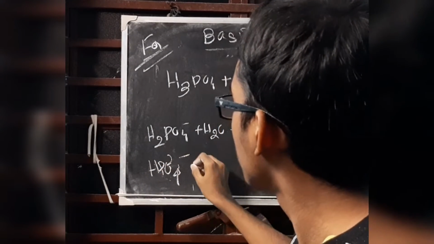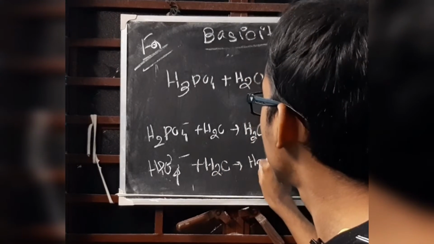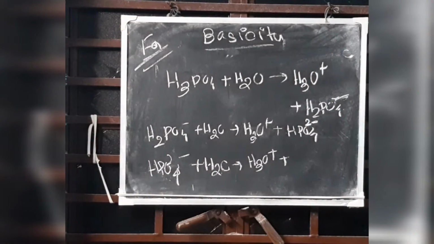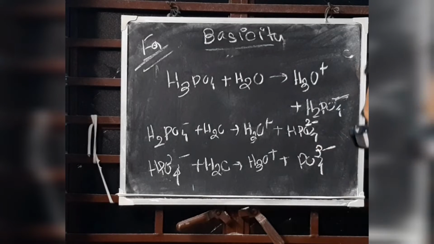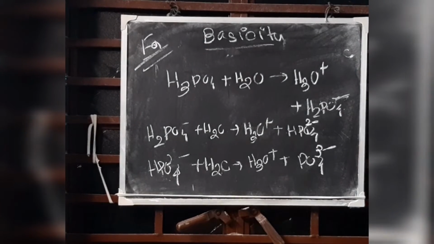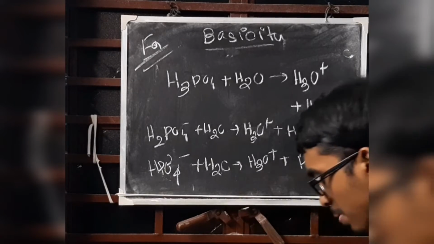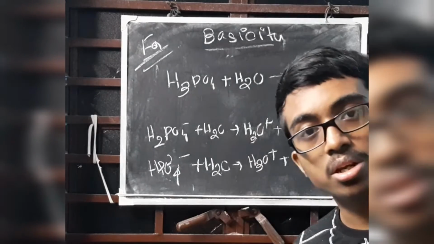Last step: HPO4 2 minus plus H2O forms H3O+ plus PO4 3 minus. This hydrogen will also get removed, giving PO4 3 minus. So ultimately we get this reaction. We can summarize this reaction at once, but if you are told to prove it, you have to show the three-step dissociation reaction.